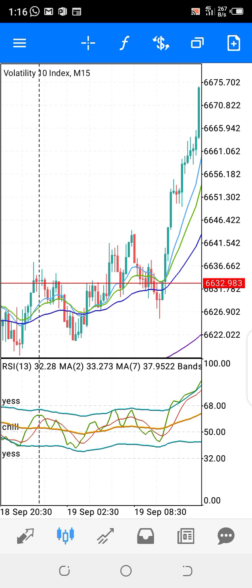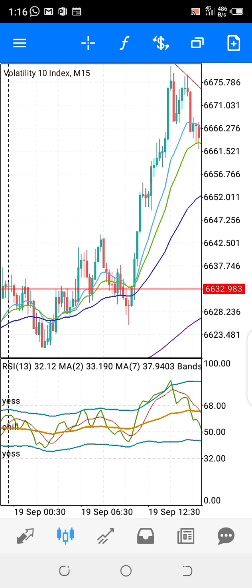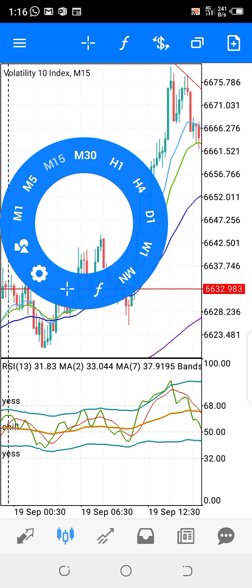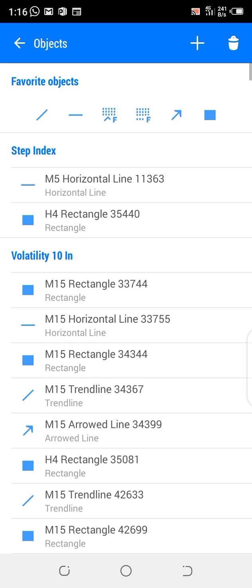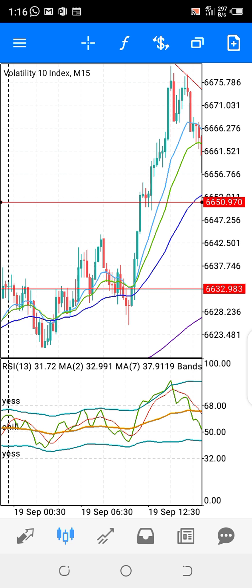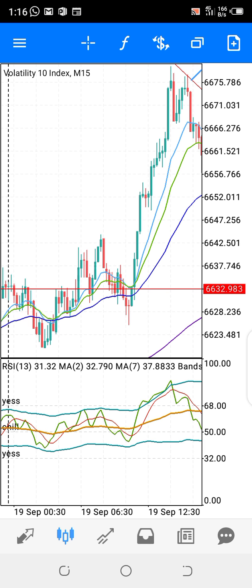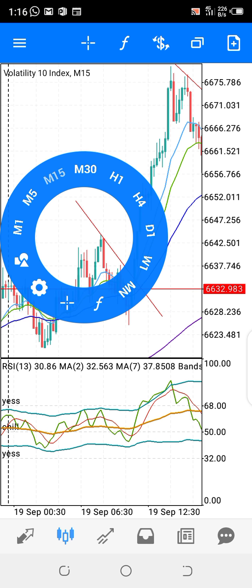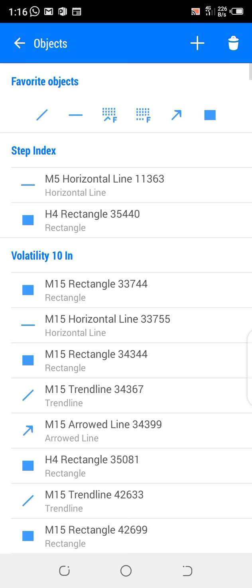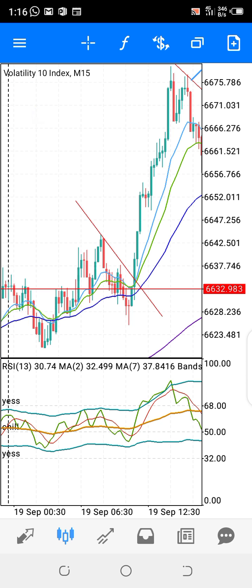Okay, can I find another one? That was kind of a setup. If you were trading flags on naked charts, we would take this one, but according to my rule, it's not proper.